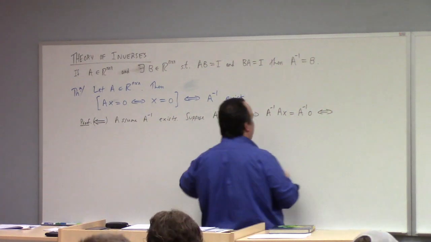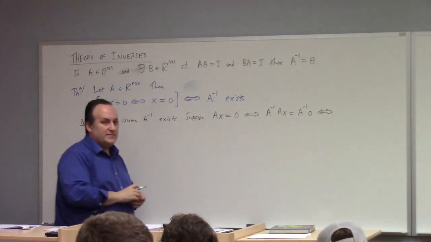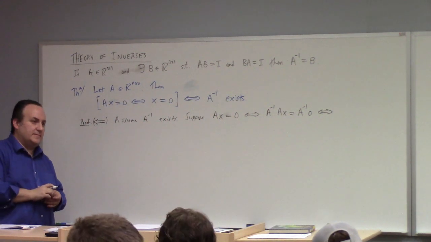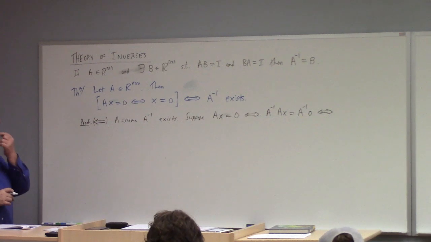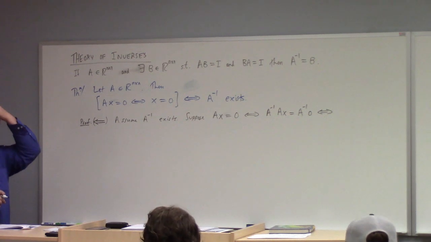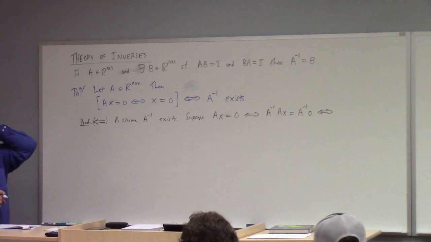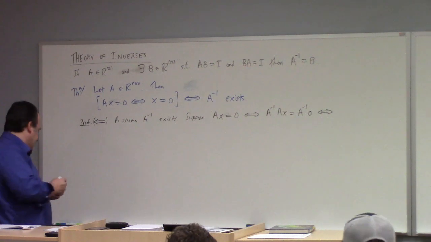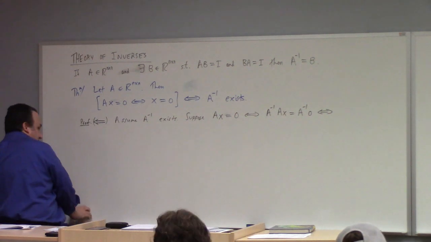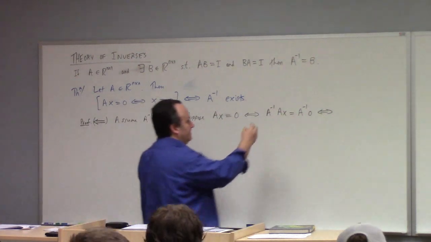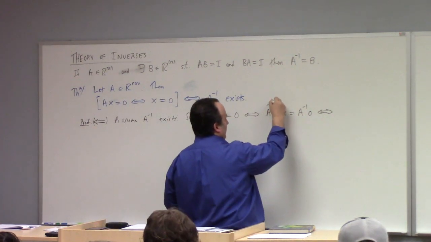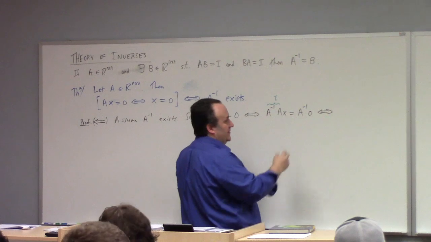But what can we go from there? A inverse times A is what? It's the identity matrix, right? So you've got yourself the identity matrix here, right? And over here, what's this?